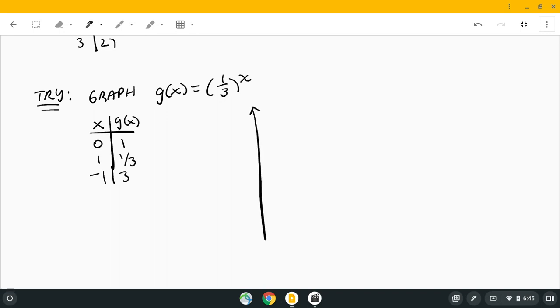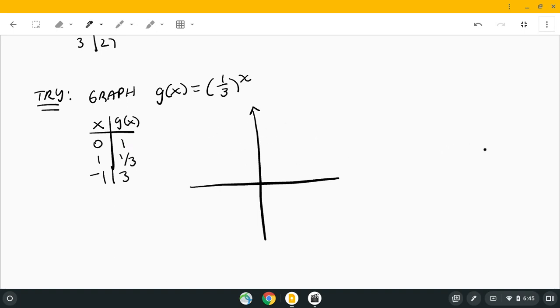When you graph this, it's still the same as above. No matter what I plug in for x, we are never going to get a negative result, so we're not going to be down here with our graph. And there is no way to get 0, so I'm not going to cross the x-axis either. So again, this graph will be somewhere above here.